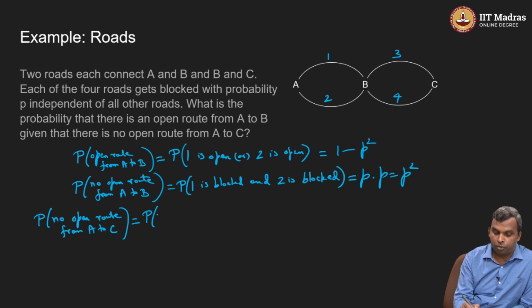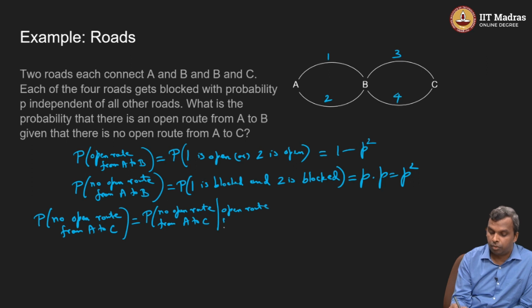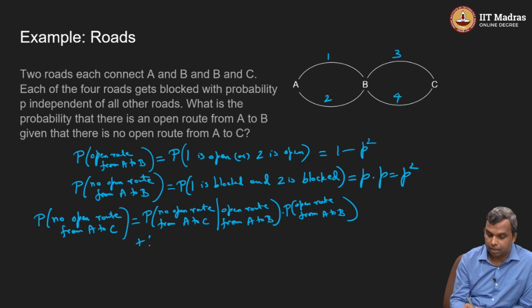So probability of no open route from A to C given open route from A to B, times probability of open route from A to B, plus the other possibility.